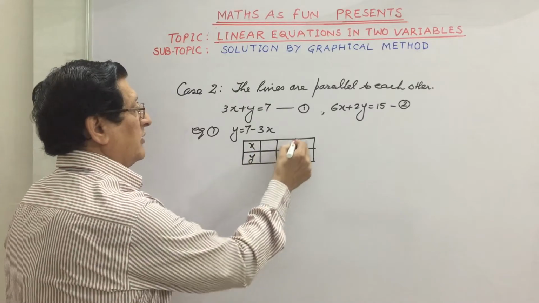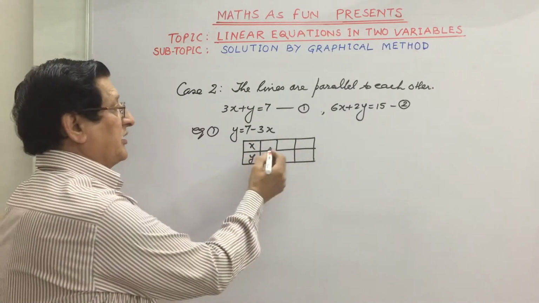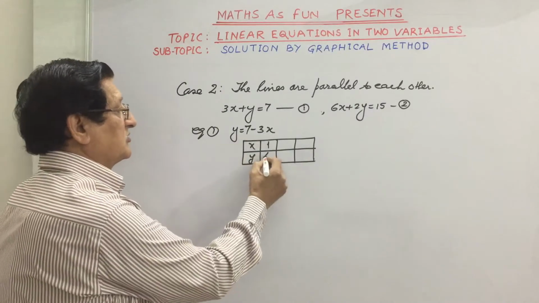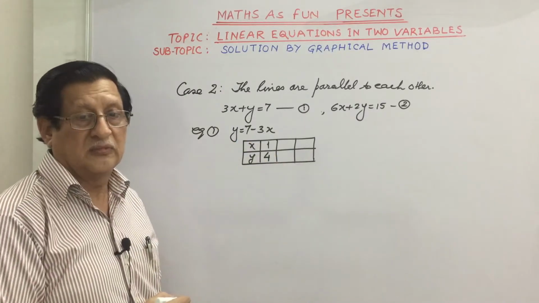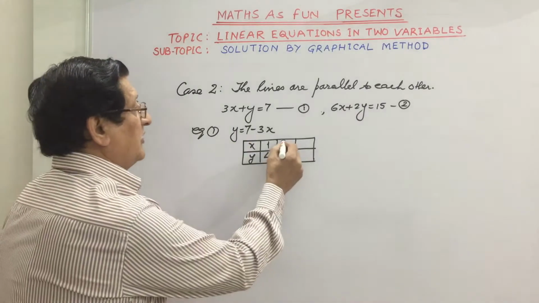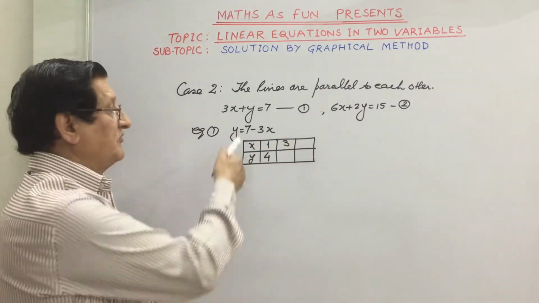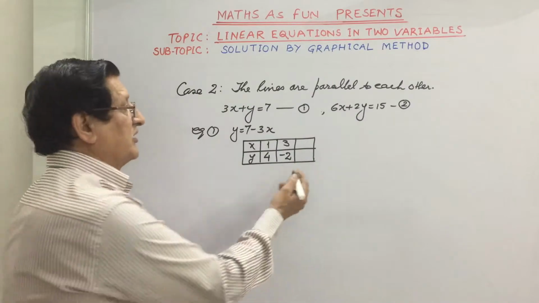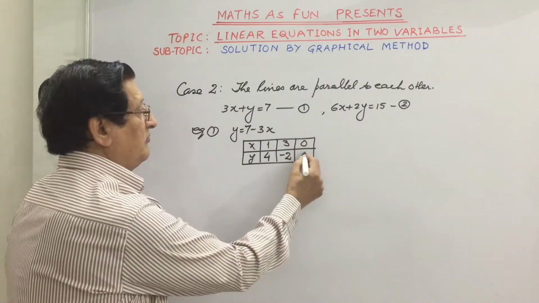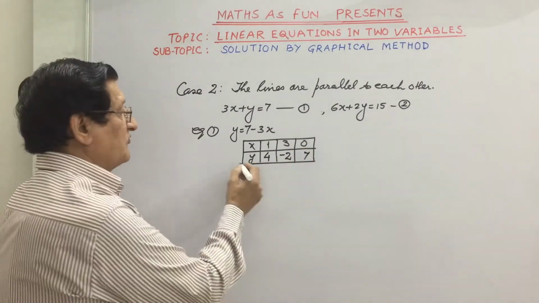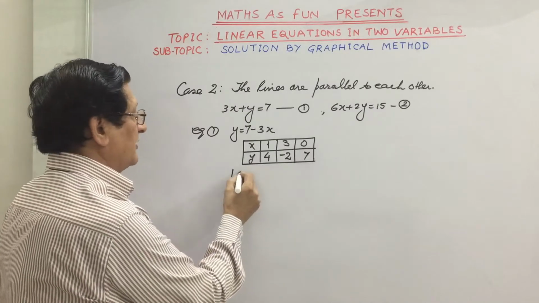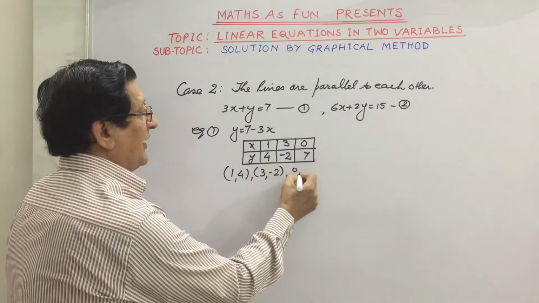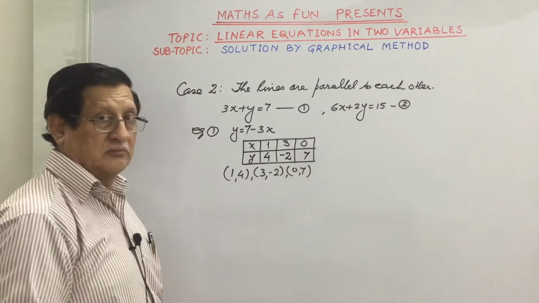Suppose we take x as 1, this will be 7 minus 3 equal to 4. Suppose we take the value 3, 7 minus 9 will be minus 2. Suppose we take the value 0, then it will be 7. It means the points on this line are (1, 4), (3, -2) and (0, 7).